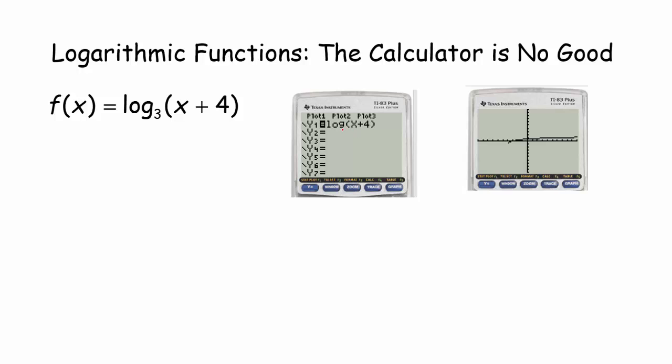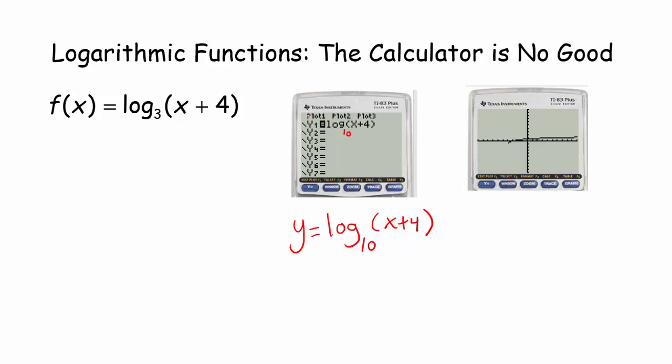But on the calculator, and in most math books, when you just write down log with no base, the base is an implied 10. So when you type in log of x plus 4, that's really log base 10 of x plus 4.